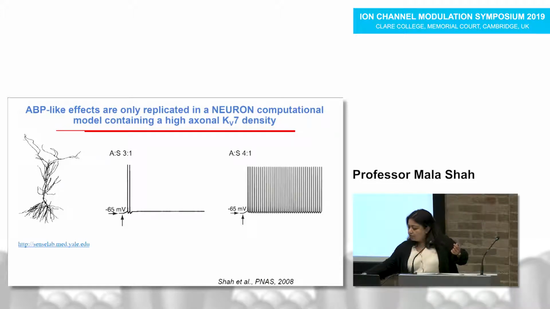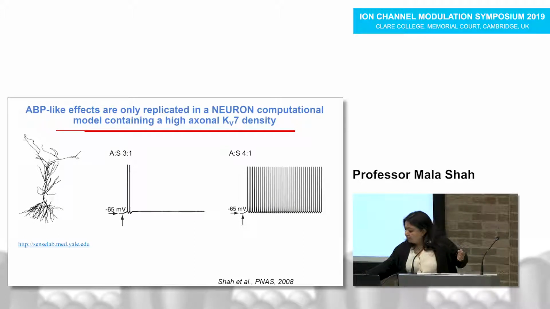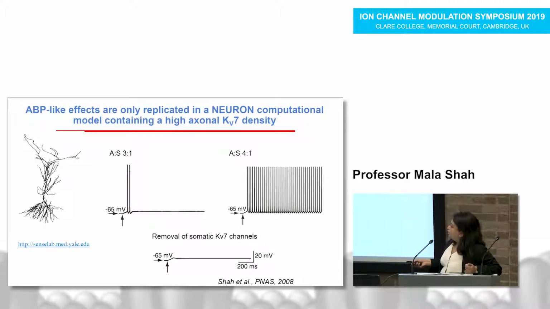If you have 4 times as much current in the axon versus the soma, and you remove the current from the axon only, you end up getting spontaneous firing. And if you repeat this with only the soma, you don't actually get any firing at all. So this suggested to us that there was between 3 to 4 times greater amount of current in the axon versus the soma.